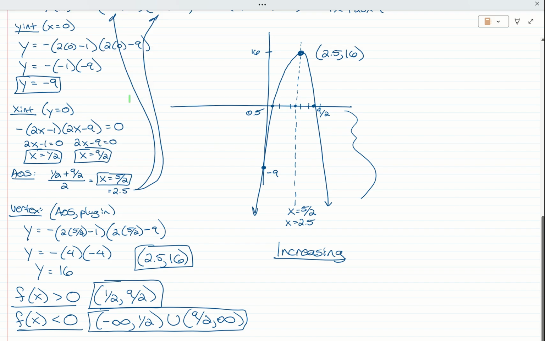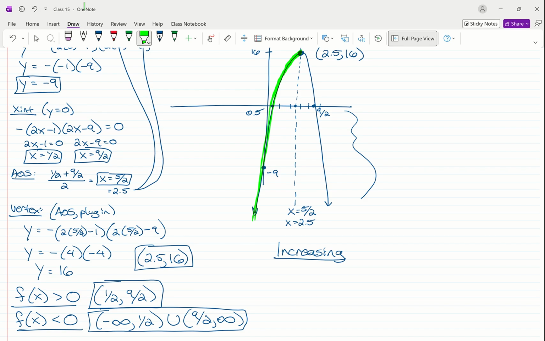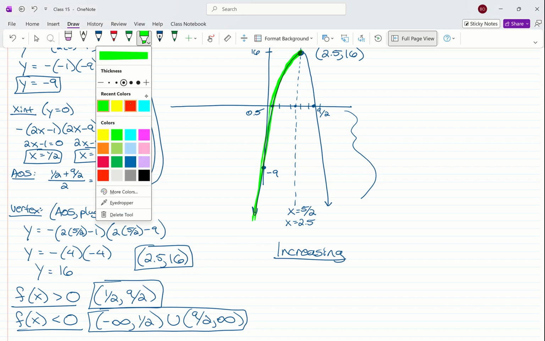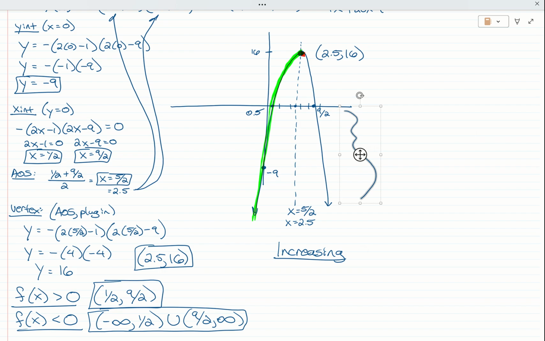So it's going up from negative infinity up until our point of inflection, which would be the vertex here. Okay. The graph is decreasing after our point of inflection to negative infinity, right? So it would be decreasing from 2.5 all the way for the rest of the right side of the graph.